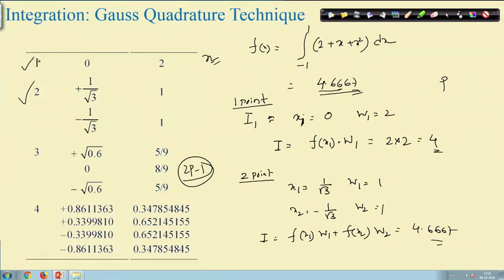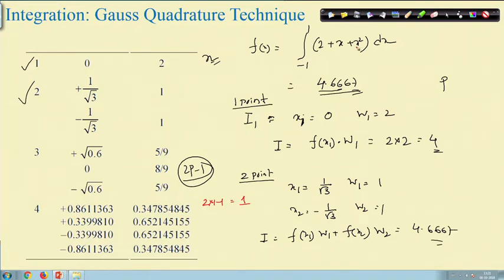So, if I use a 1 point integration rule, it can integrate a linear function, because 2 into 1 minus 1 means 1 point integration rule.